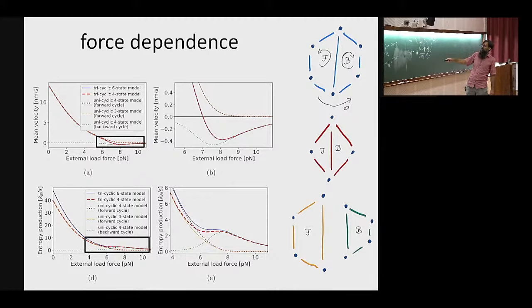That has almost all the entropy production, while the others that have only one cycle have very much reduced. And at low force, most of the models are reasonable, but the green one, which has only the backward cycle, of course fails completely, because now you try to describe a forward motion by a backward cycle that runs in the opposite direction.